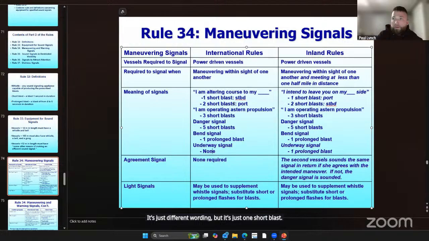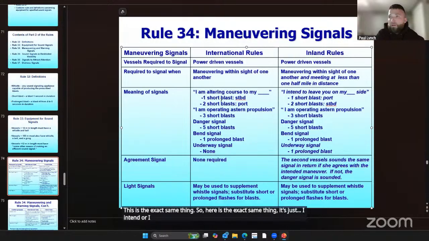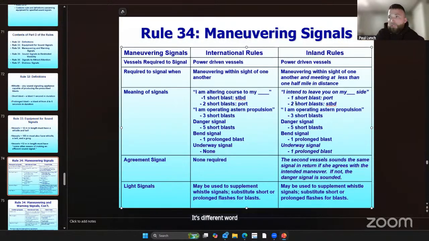If I'm altering my course to port and leaving them on my starboard side, this is the exact same thing. It's just I intend or I am altering. It's different wording, but it's the same sound signal in inland and international. Three short blasts means I'm operating astern propulsion.